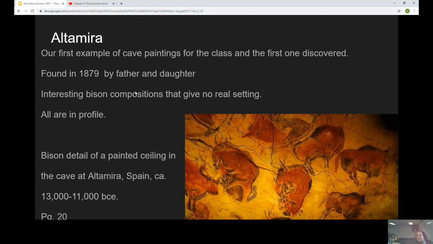This was found in 1879 by a father and a daughter. They found it on their property. Lucky them. And it really sparked the beginnings of cave explorations. Other people in Europe started trying to find cave complexes to see if they could find this as well. A lot of people started faking finding things.